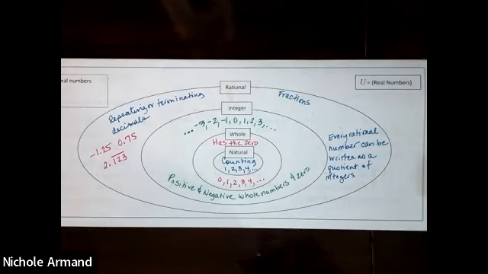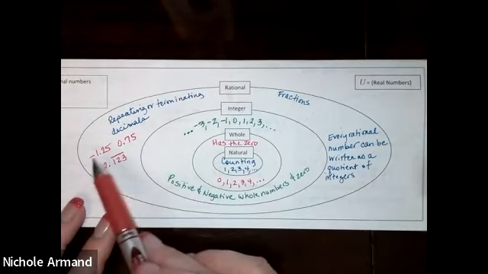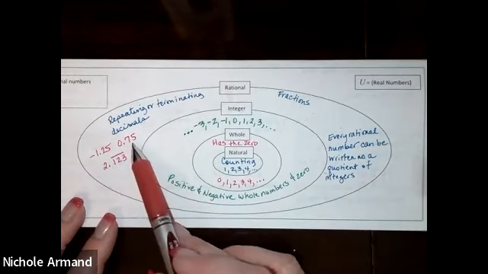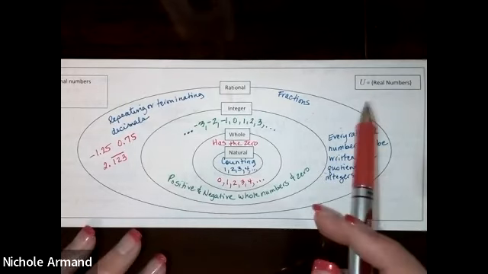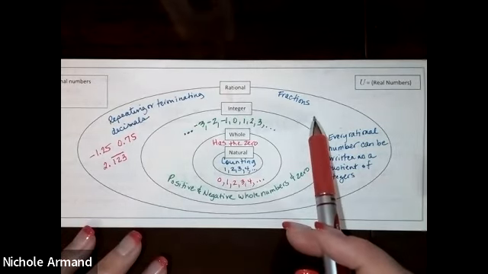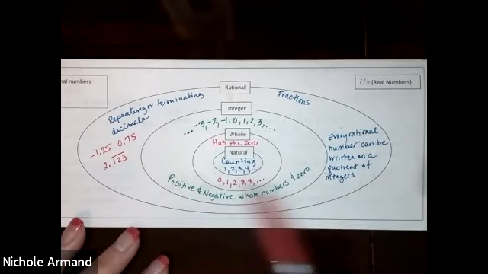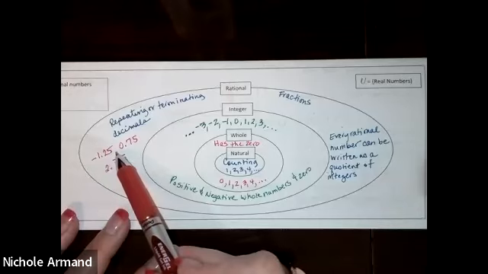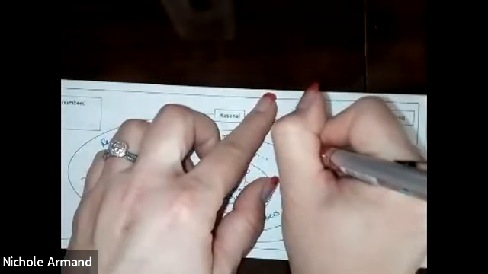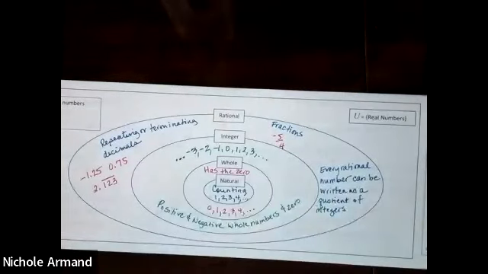So what I'm saying is that each of these decimals could be written as a fraction as well, because every rational number can be written as a quotient of integers. So if I wrote negative 1.25 as a fraction, that would be negative 5/4, for example, negative 1 1/4.